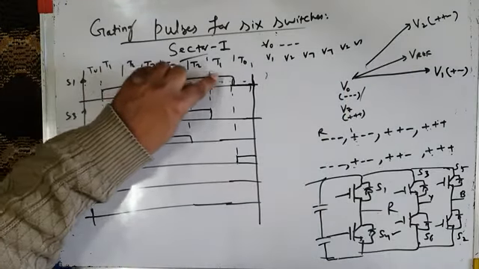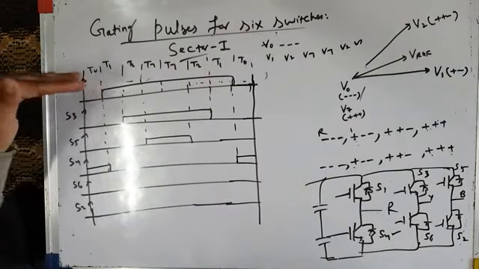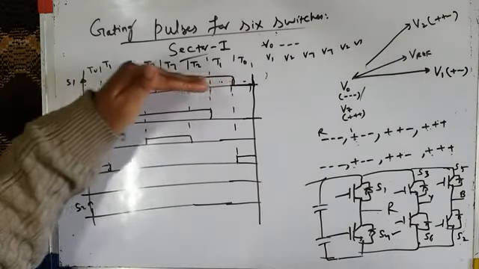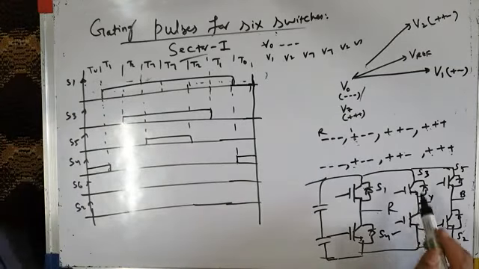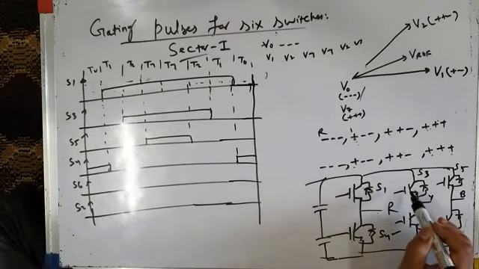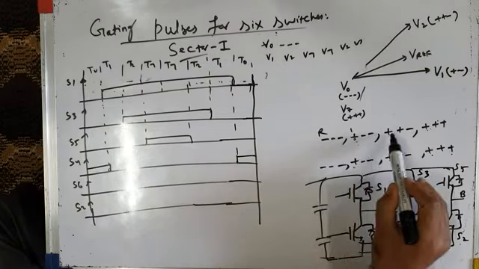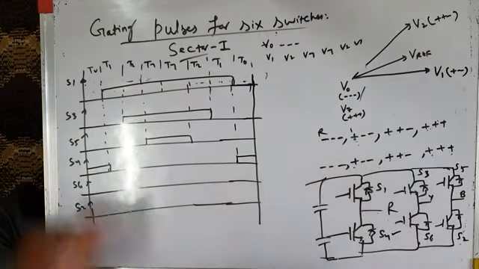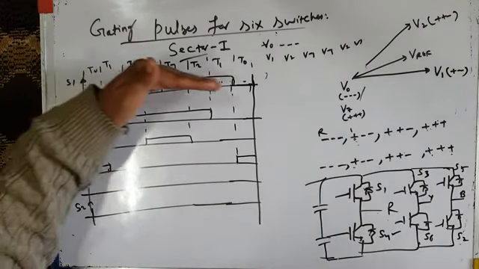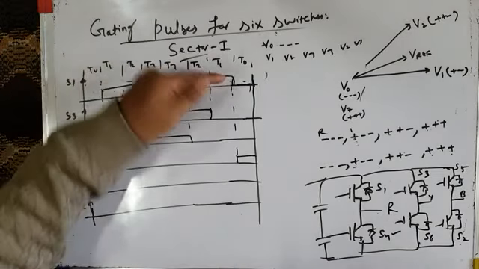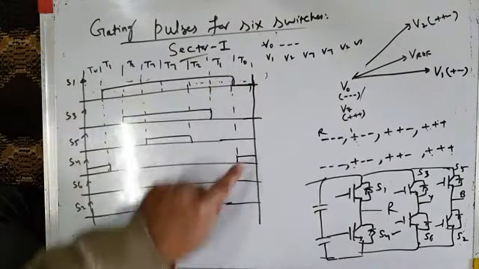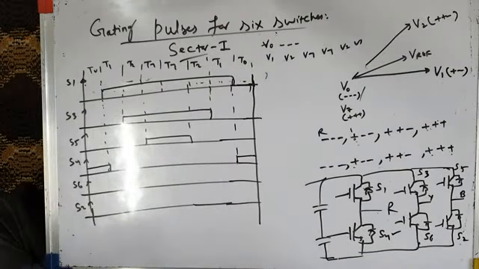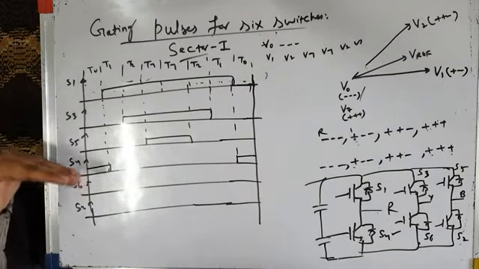During all these intervals, top switch is on, you can see top switch is on throughout. So the control pulse to top switch S1 is continuously on, and then again in the last zero voltage vector the bottom switch is on. Okay, this is about S1 and S4.